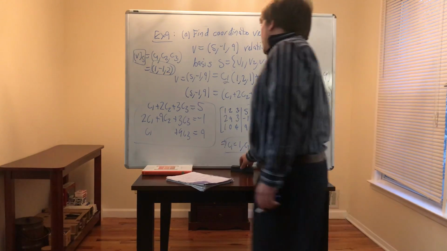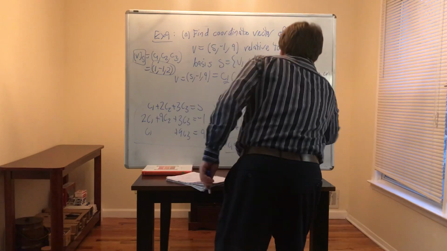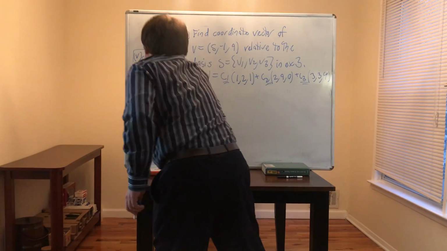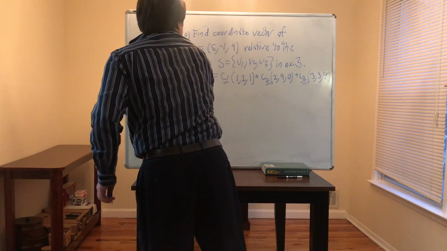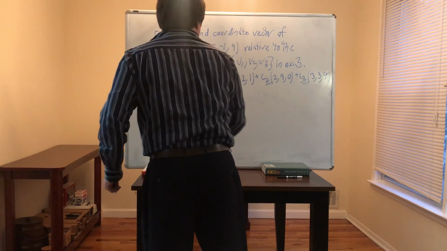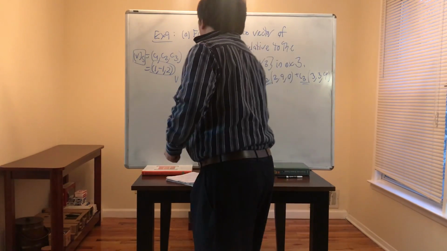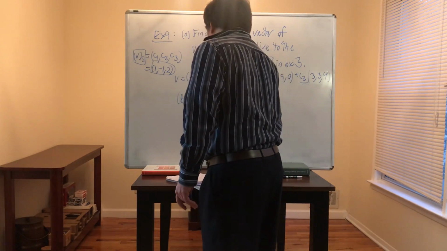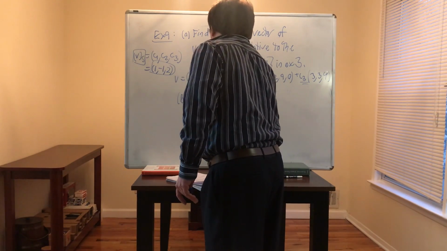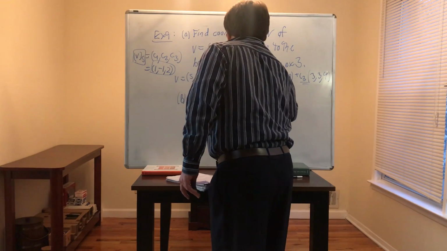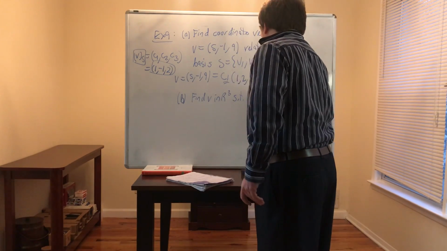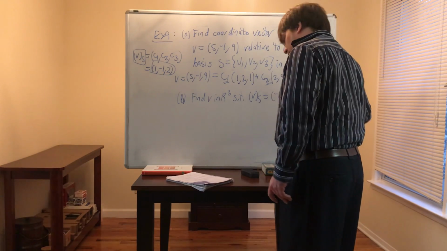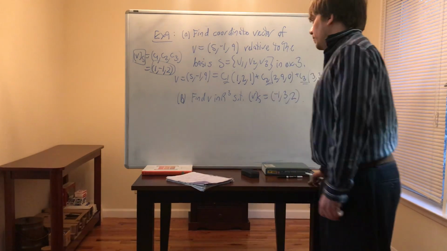Okay, and then for part B, what we want to do is find the vector V in R3 such that the coordinates of V relative to the basis S is equal to (-1, 3, 2).